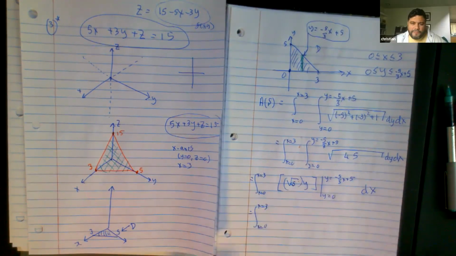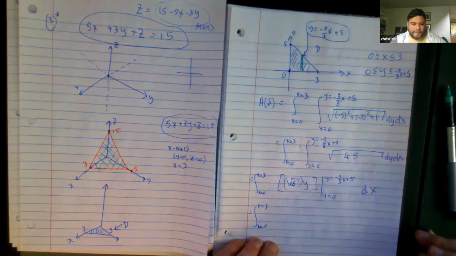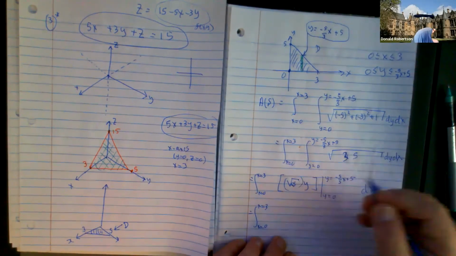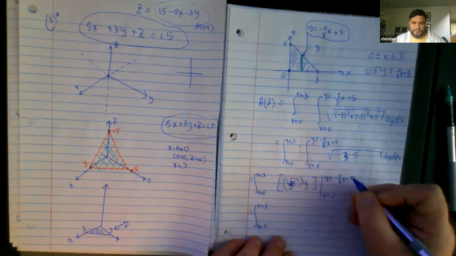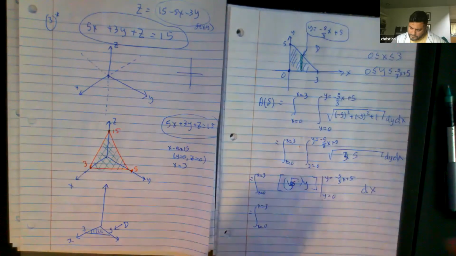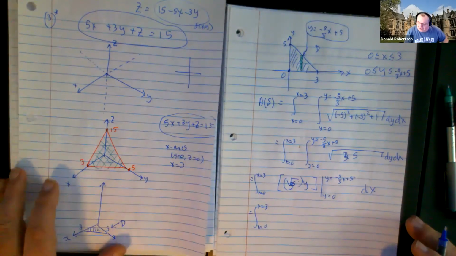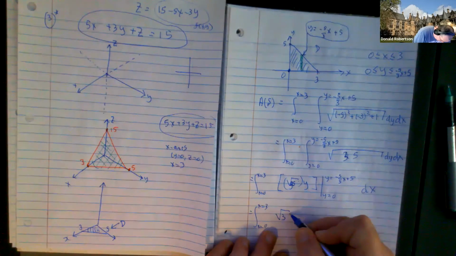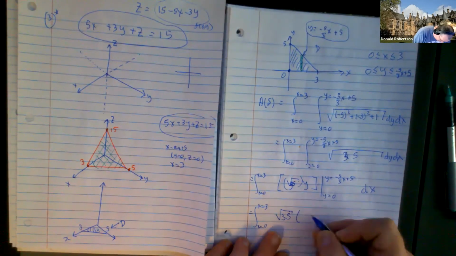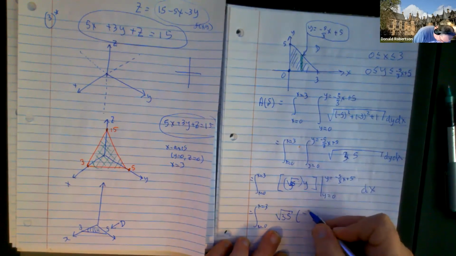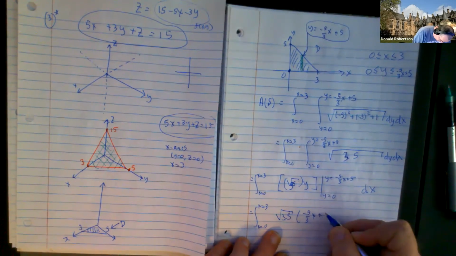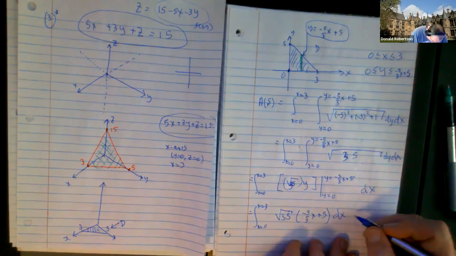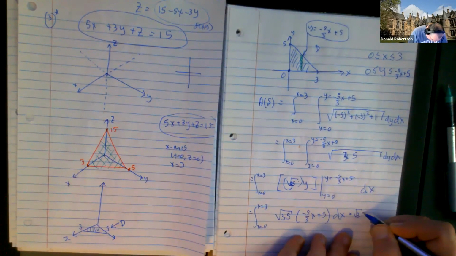Sorry, you said 45? Is it 35? Oh God, don't tell me I can't count. Yes, it is 35. I'm suffering lack of sleep, guys. I can't count to save myself, but the fact that you can is good. You keep me in. So it's going to be this square root times -5/3 x + 5, take away a whole load of nothings, and I would probably pull that out.